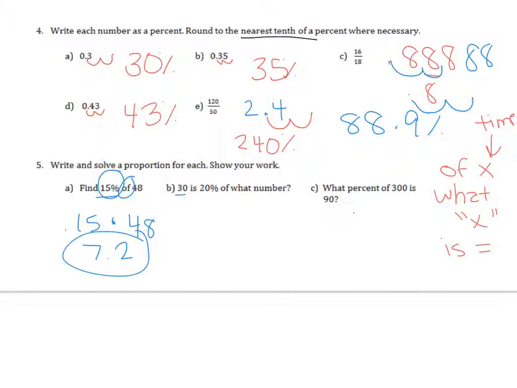Next one, 30 is equal to 20%, 0.20, of times what number? X. So you're going to divide both sides by 0.2. This cancels out. So x equals 30 divided by 0.2, which is 150.